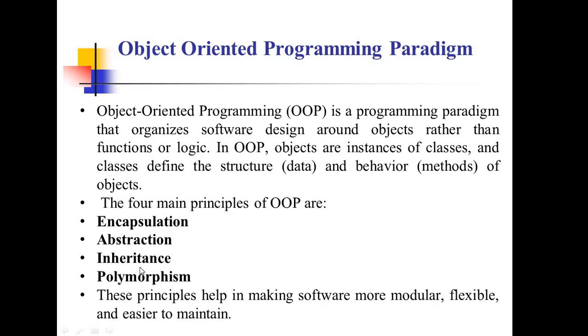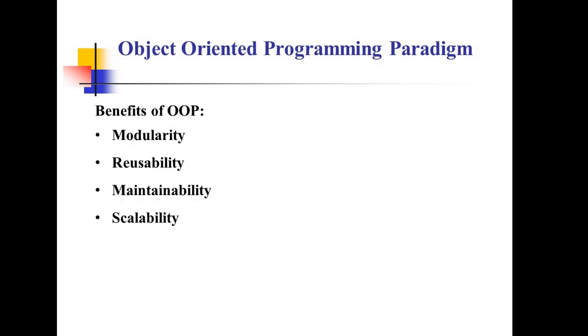Inheritance is the mechanism where one class, that is child or subclass, inherits the properties and behavior from another class, that is parent or superclass. Next one is polymorphism. Polymorphism allows related classes to share some functionality while also defining their own unique behaviors. For example, a subclass can override a method of its superclass. This principle helps in making the software more modular, flexible, and easier to maintain.